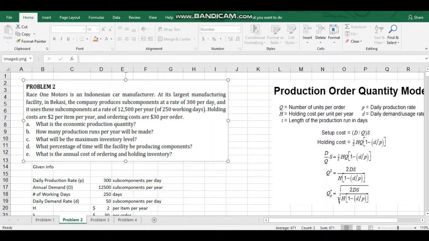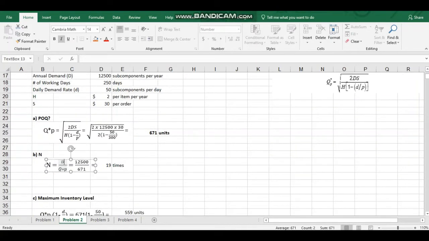Okay, next question B, how many production runs per year will be met? So it's the same as the number of orders. If the model of the problem is like problem 1, but since we are producing it on our own, the question is how many production runs per year. And it's still the same. It is represented with N, and the formula is the annual demand divided by the POQ.